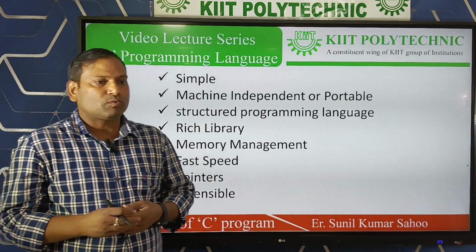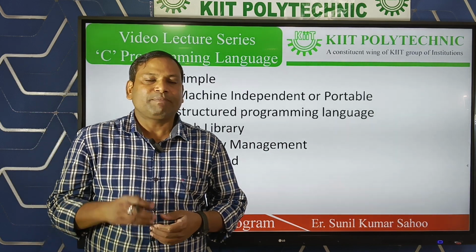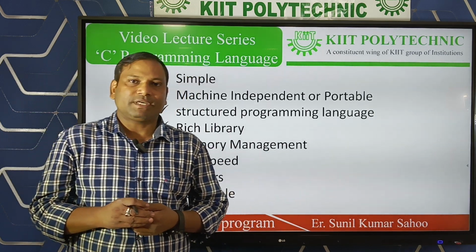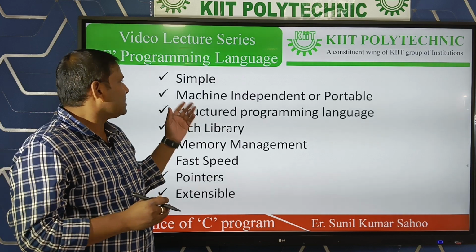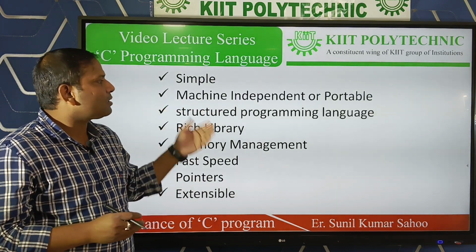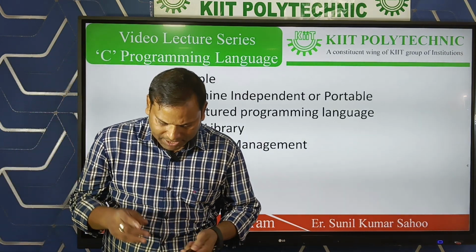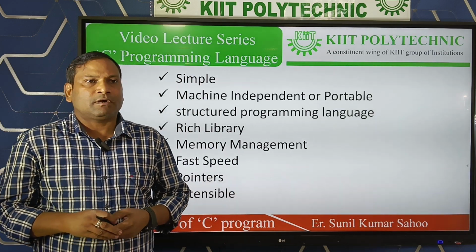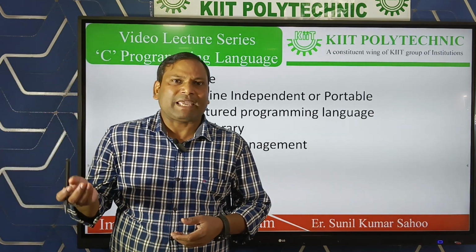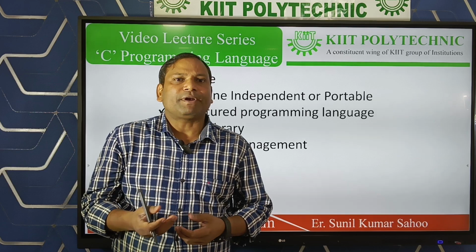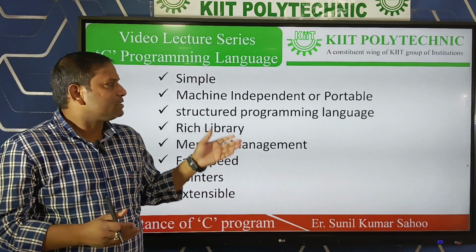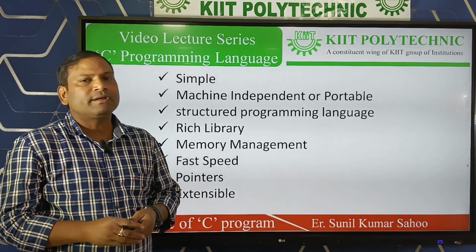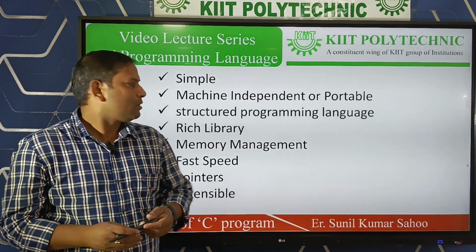That's why it is known as simple. Simple is one of the features of C language. Third one is machine independent or portable. Machine independent means the C program can be executed in any operating system. That's why this is known as machine independent or portable.